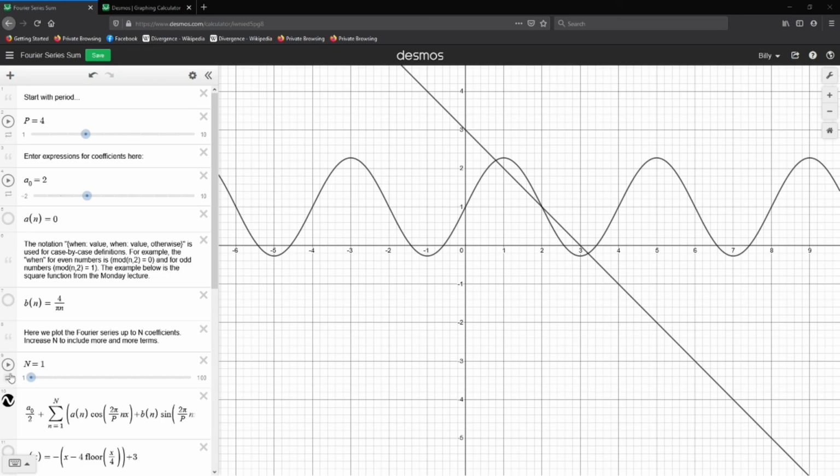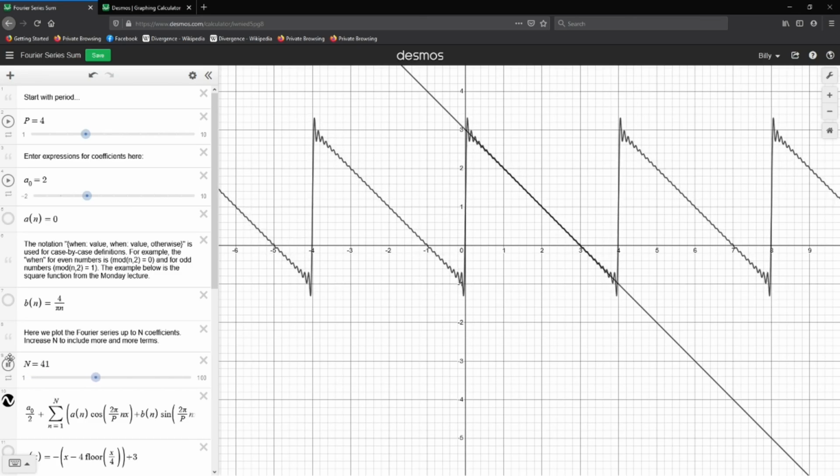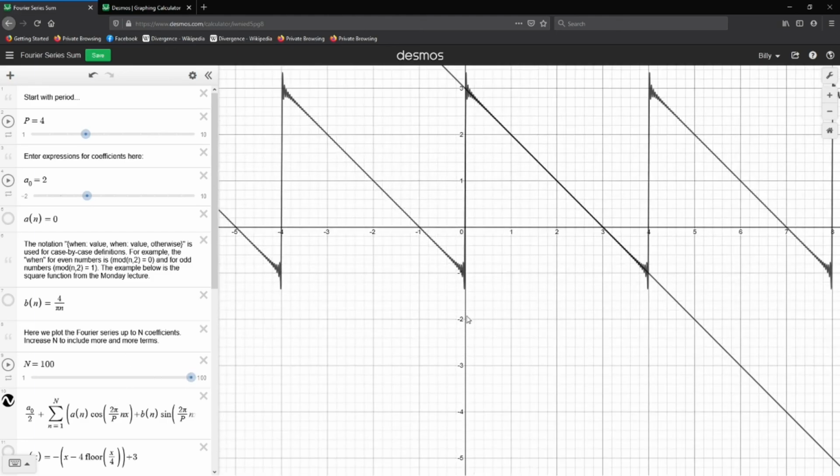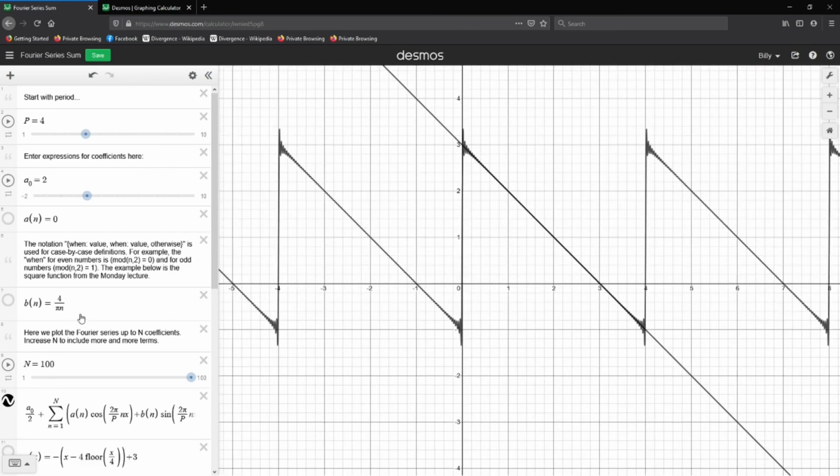We'll play the animation that increases the values of n, going for the maximum term in the summation from 1 to 100. And we see very clearly that as n gets larger and larger, we're getting closer and closer to the sawtooth wave that we started with. This is really incredible.